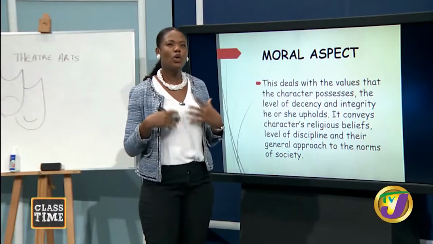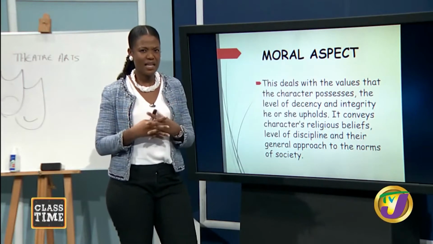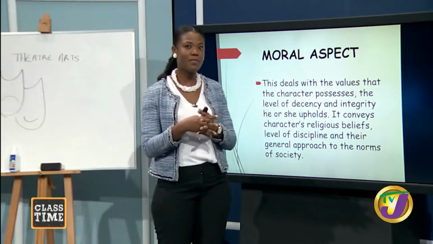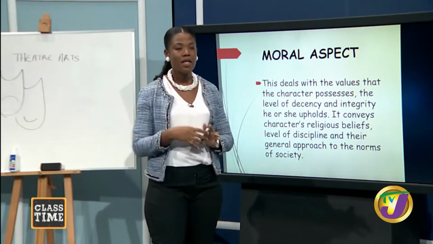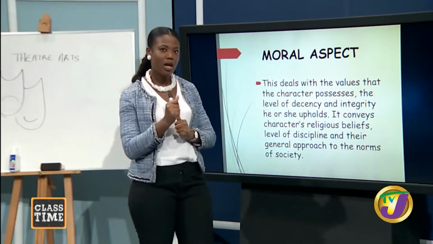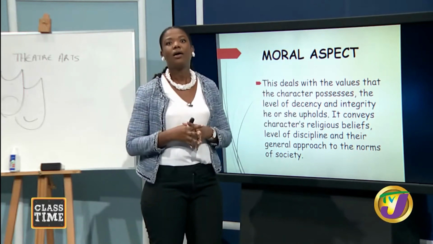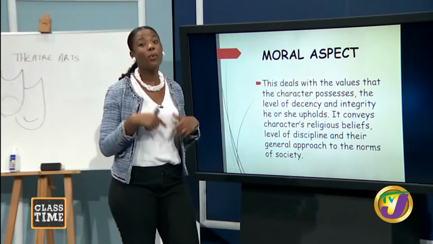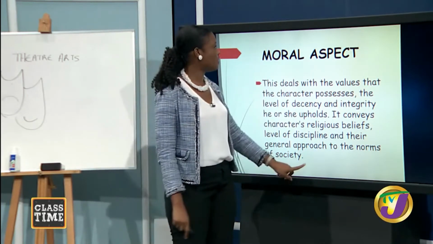So we want to look at the character and ask questions like, is this a decent character based on the choices that they're making, based on the way they view life, their spirituality? Is this character a person who has strong morals, or do you consider the morals to be on the poorer side? So this is what this area entails.